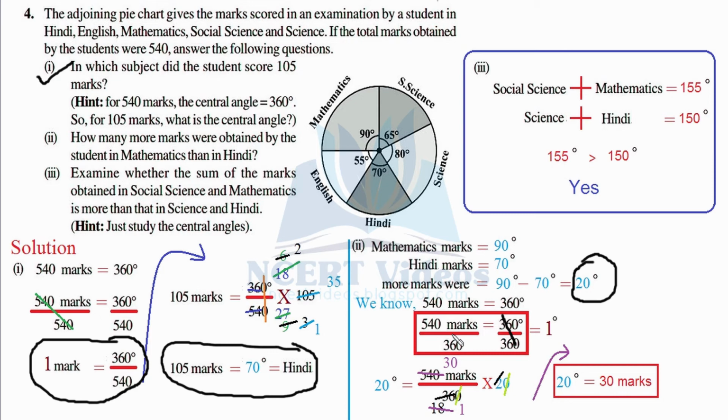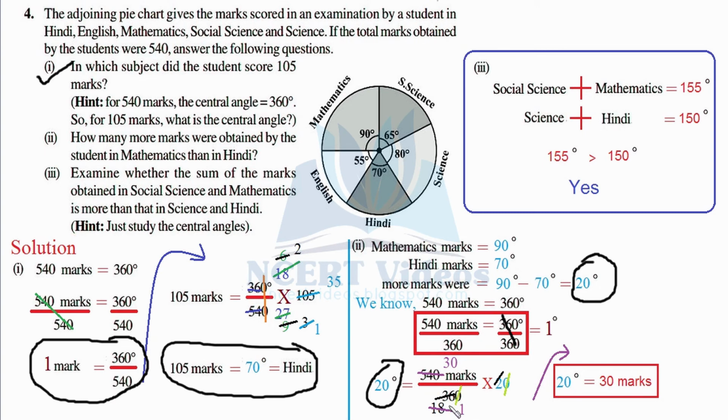Now we shall multiply both sides by 20 degrees. So the same has been done over here. 20 is getting multiplied with this 1 degree, so it is 20 itself. That equates to 540 marks over 360 multiplied by 20, because we are balancing on both sides. Now it is just a simplification.